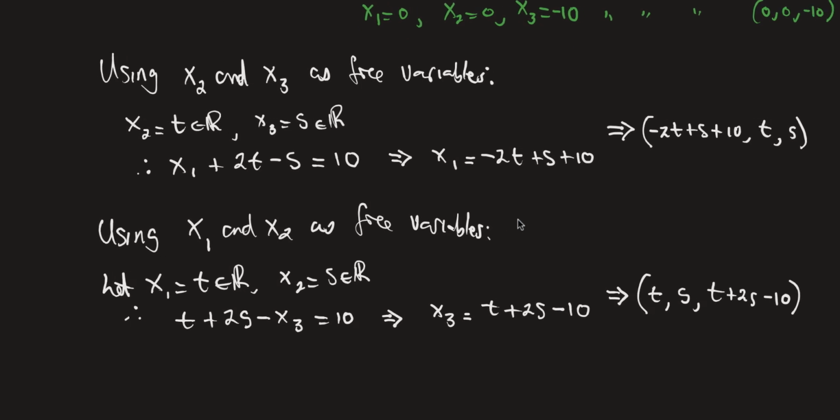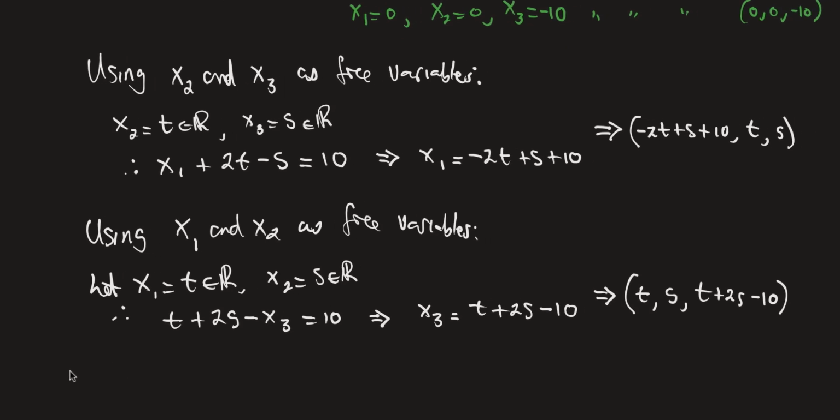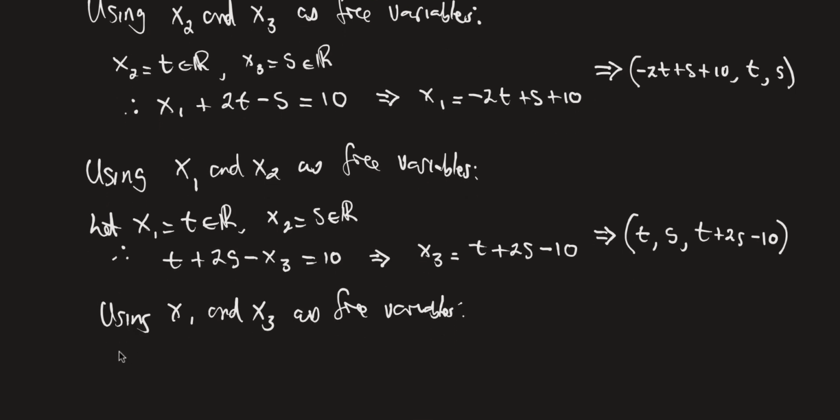Let's do x1 and x3. So using x1 and x3 as free variables, what does that look like? Well, let's use our same pattern. We're going to say let x1 equal t, x3 equal s, and now let's solve for x2.